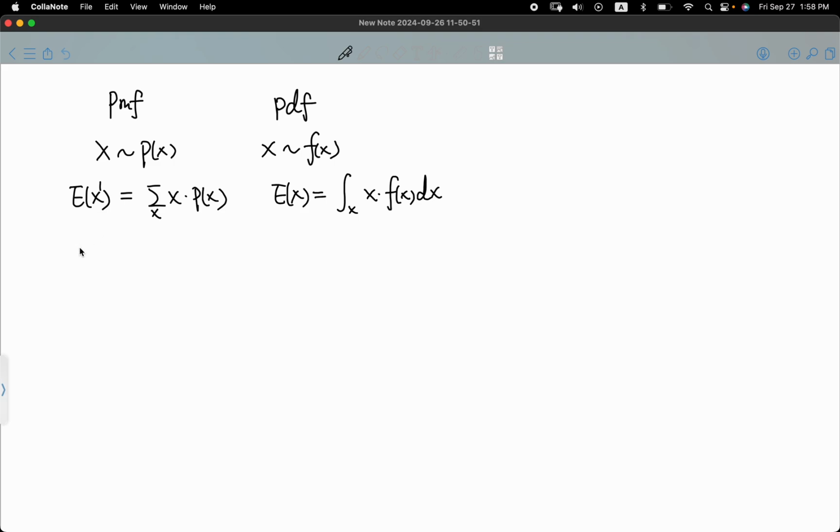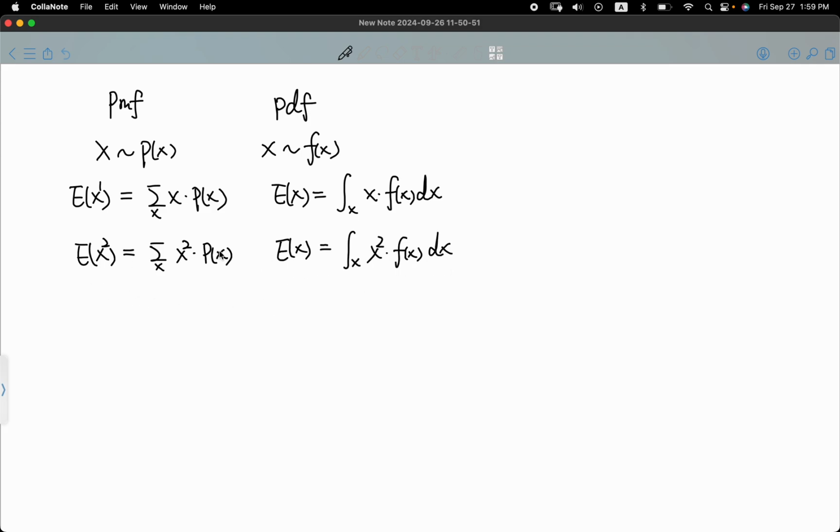And then similarly for the second moment, which is often used for calculating the variance, we simply take the power of x here and multiply by the density. And for the continuous case, we have x squared multiplied by f of x and then dx.